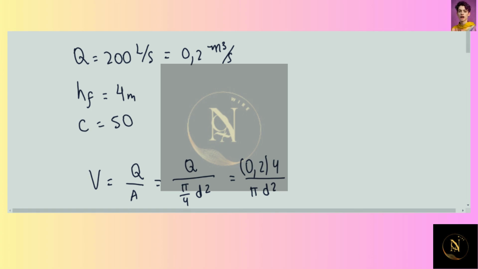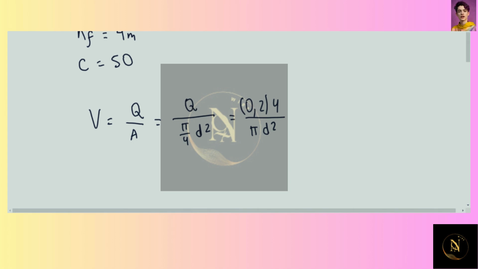So the hydraulic mean depth, we're going to call it M, is equal to the diameter divided by 4. That is the hydraulic mean depth.